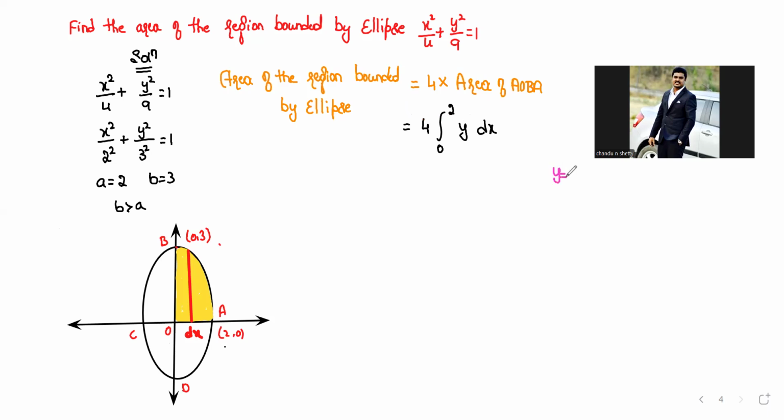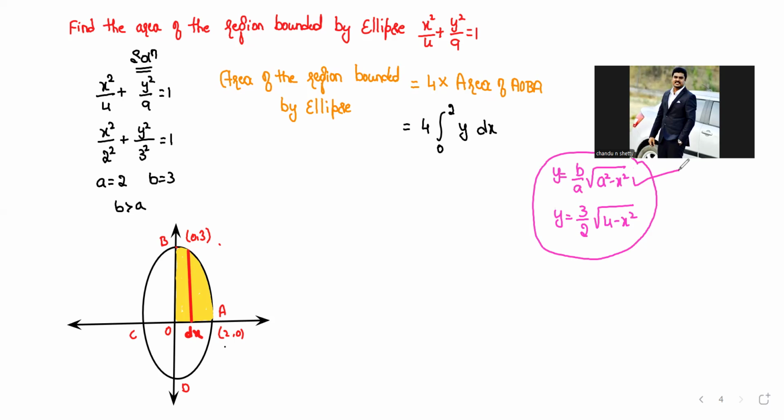Now observe, y is equal to b by a square root of a square minus x square. So in the starting only I gave this. So y equal to, b value is 3, 3 by 2 square root of a square value, 4 minus x square. Got it all of you? So this is the shortcut method, all of you should learn this one.